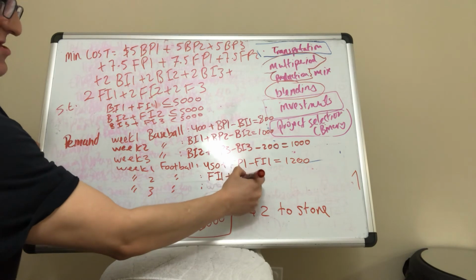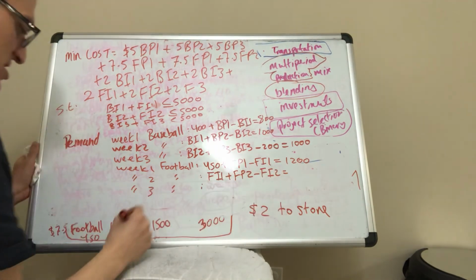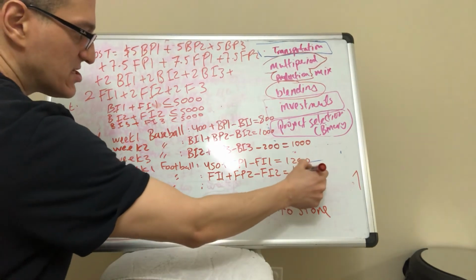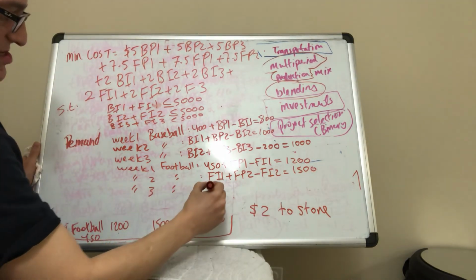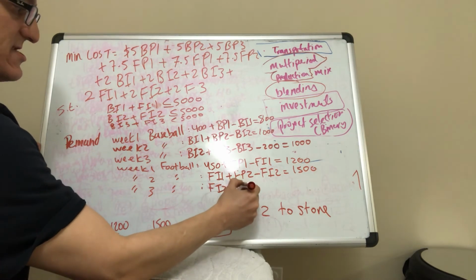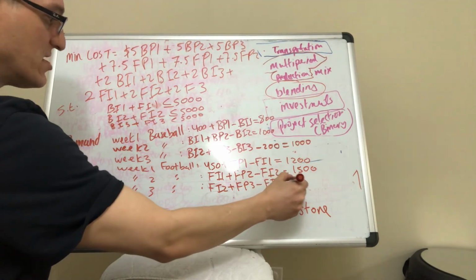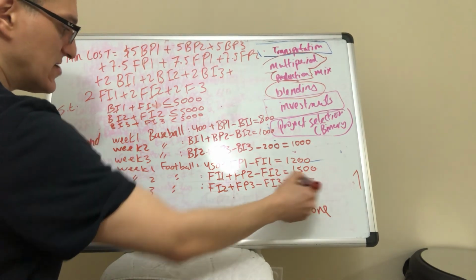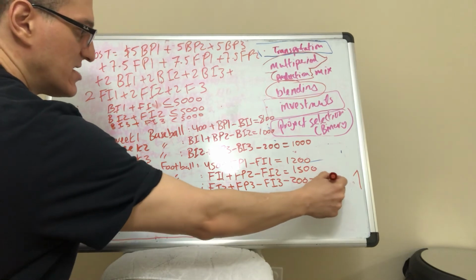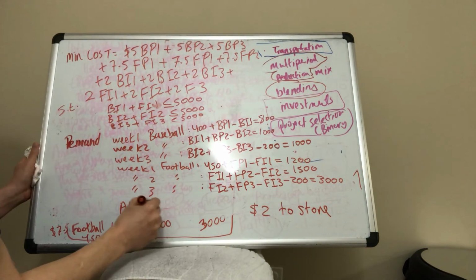You add produce some minus you store some of what you produced, and that must satisfy the 1,500. And finally, week 3: you enter having some stored from the previous week. You add production, you store some, you gotta have 200 left, and it must satisfy demand of 3,000. All variables greater than or equal to 0.